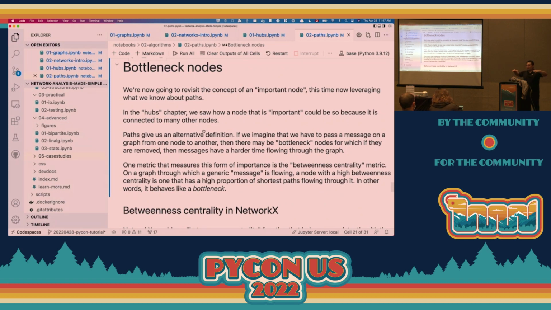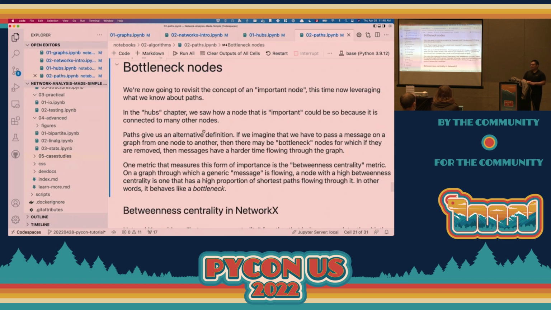So nodes that have a lot of neighbors may be considered really important. Now, there's another way of assessing node importance, and that is asking, if I were to remove a node, would information flow on the graph be disrupted severely, right?